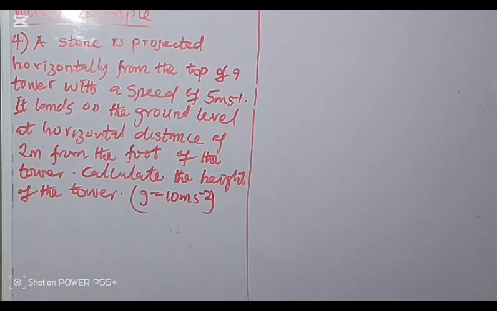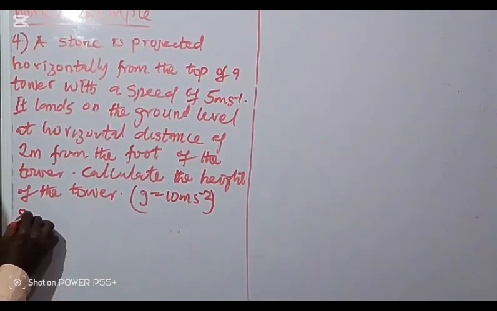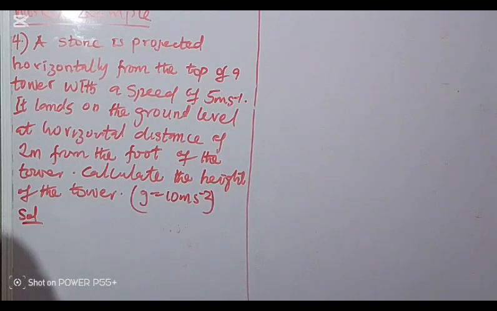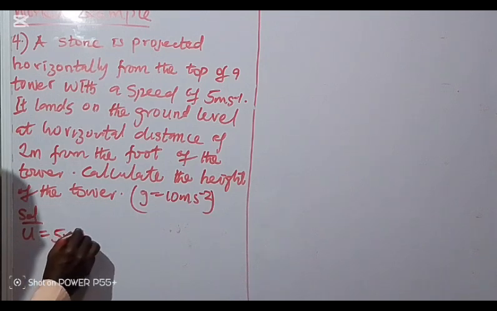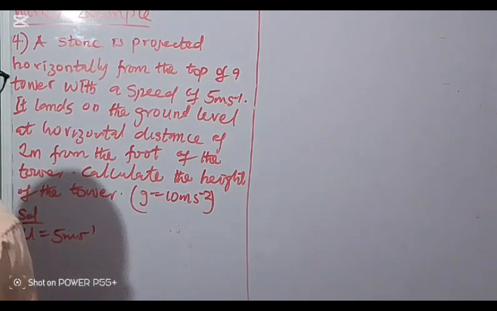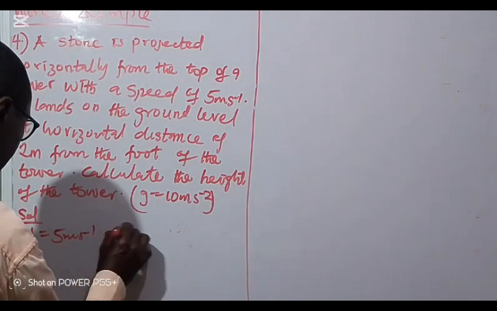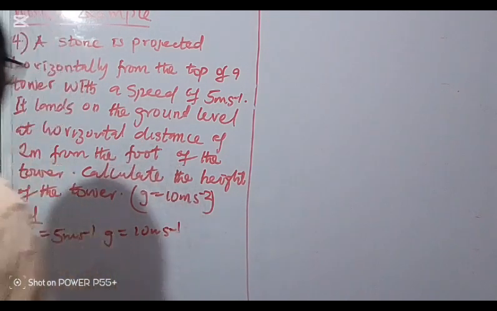So, let's write out the parameters given. Solution. Here, speed is given, which is u, as 5 meters per second. Then again, g is given, 10 meters per second squared, and that's all.